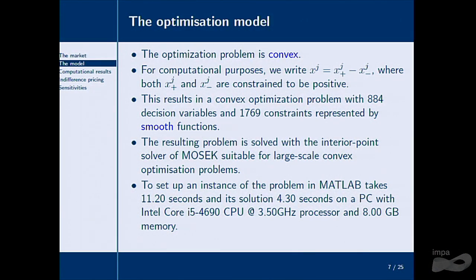It's a commercial solver, free for academic use. In my experience, it's one of the most powerful solvers around. I have no reason to advertise it; I just found it fast. It takes about 11 seconds to set up the problem in MATLAB. Then when it's fed into Mosek, it takes about 4 seconds to solve it on a laptop.